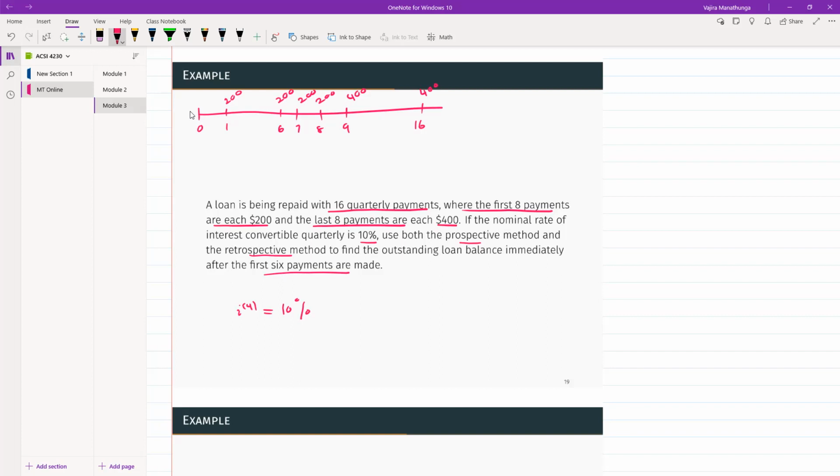By the way, the payments are made each quarter, so the frequency of payments and the frequency of interest conversion are the same. So i4 divided by 4 is 2.5. What that means is the effective rate per quarter is 2.5%.